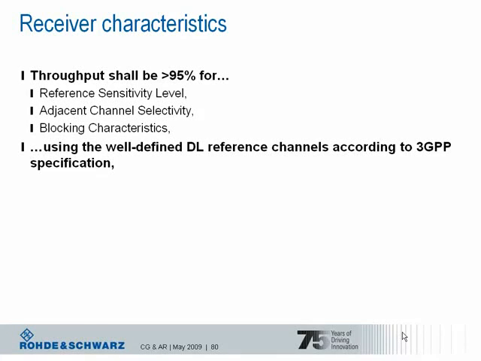So for those types of measurements, normally a call is required so that we get the ACKs and NACKs in the uplink, can count these, calculate a block error rate from those values, and based on the fixed reference channel, which we have set up in the downlink, we can estimate the throughput, which should be, as I already said, higher than 95%.